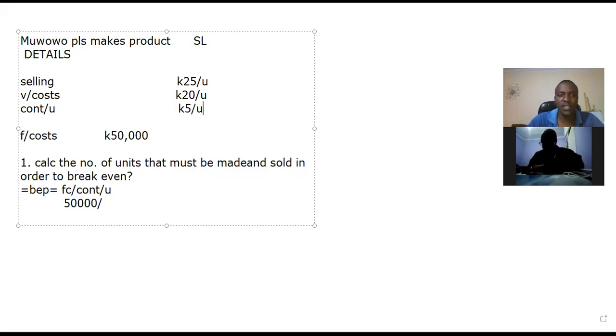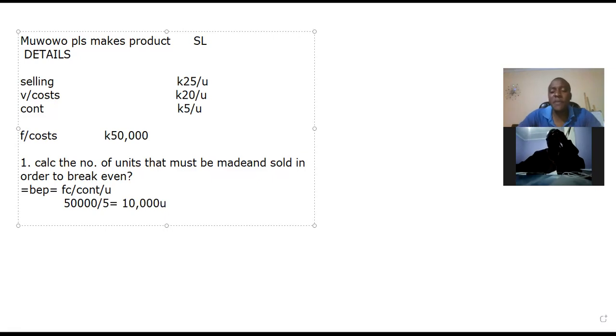So after doing 25 less 20, we bring that 5 right there. So what is our solution? How much is our break-even point? 10,000 units. So we need 10,000 units, guys.